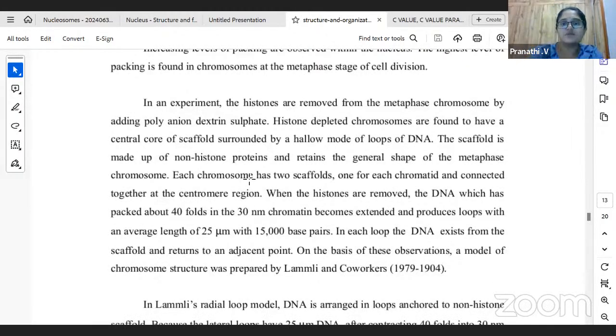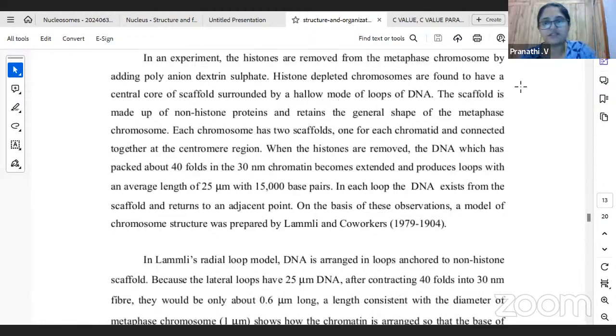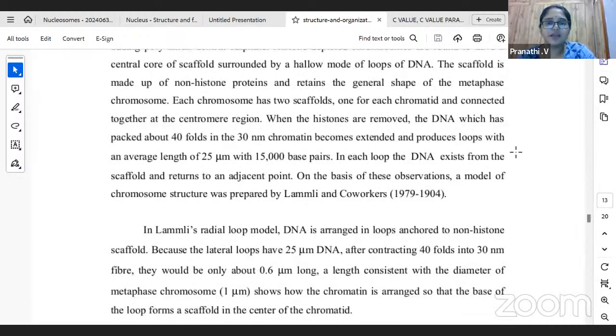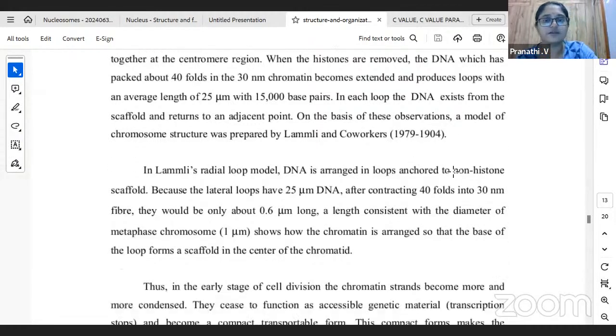Now, when the histones were removed, DNA that was packed became extended, and you could see that the average length of it was around 25 micrometers, and it had around 15,000 base pairs. So based on this, they could make a model of the chromosome structure also. This was done in the late 1970s, around 1979, in fact.